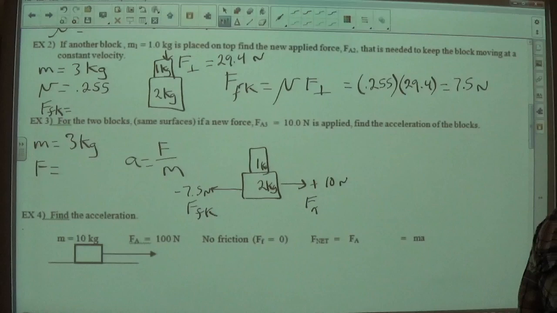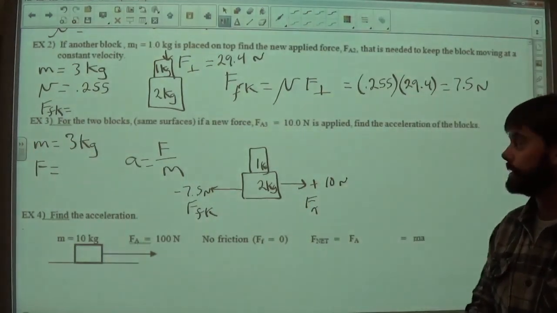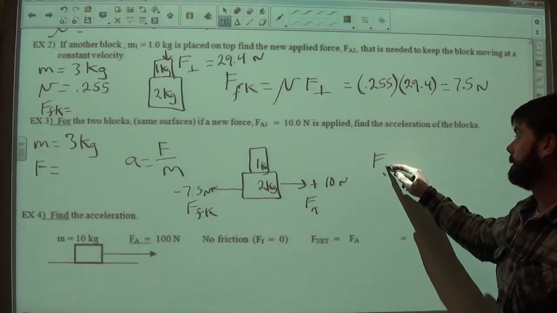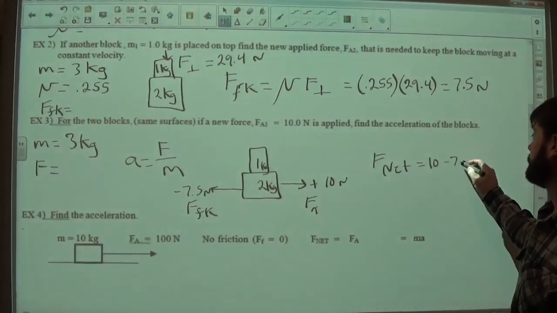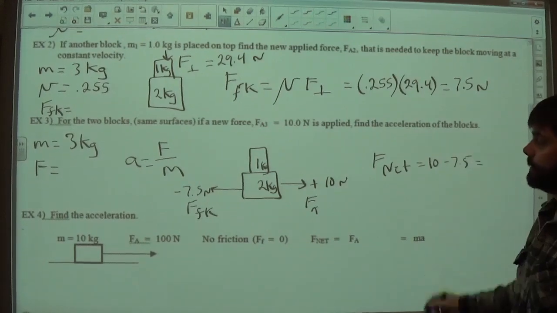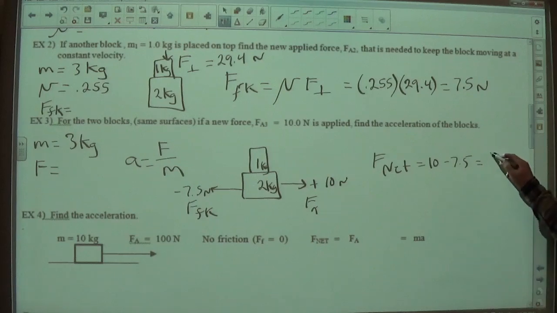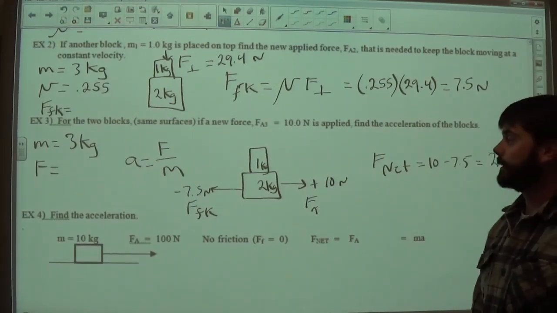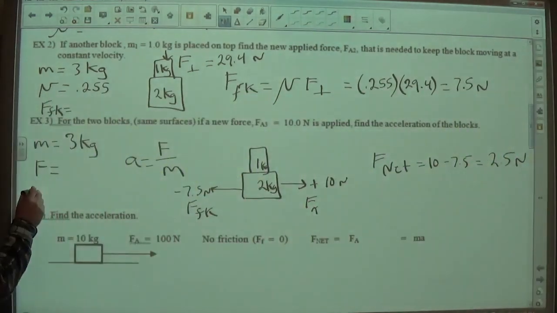So in terms of a tug-of-war, this side is winning, and it's winning by how much? To find the force net, you're going to basically take the two, one being a positive, one being a negative. We typically call frictional forces negative, so this is going to give me a total net force of 2.5 newtons. So in order to figure out the actual acceleration, you take the net force and divide it by the mass.